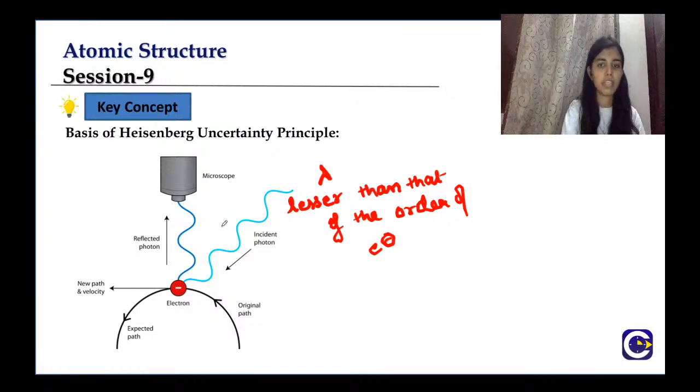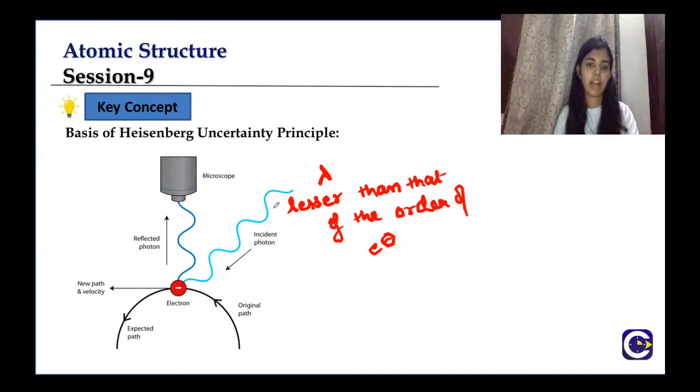Why was lambda taken at lesser than the order of the electron? Okay, good. So here, a radiation was incident on that particular electron and there was a microscope here to basically observe the thing which is happening after the radiation is incident on that electron, right?